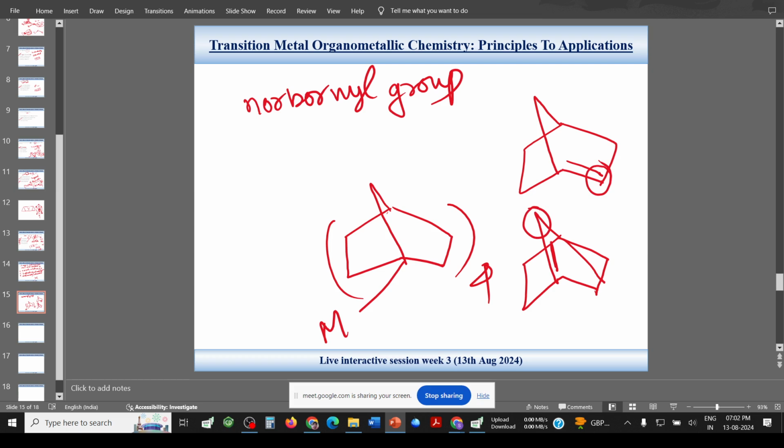This is called Bredt's rule. So these types of systems, despite having beta hydrogen, do not undergo the beta hydrogen elimination process.